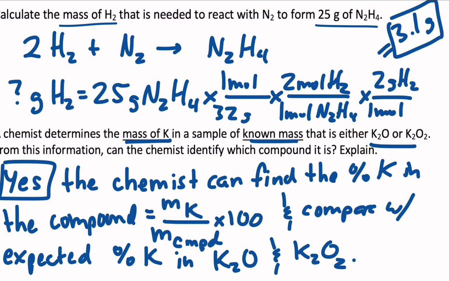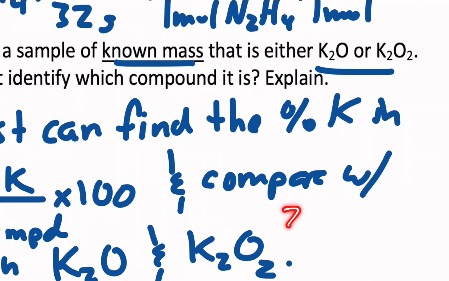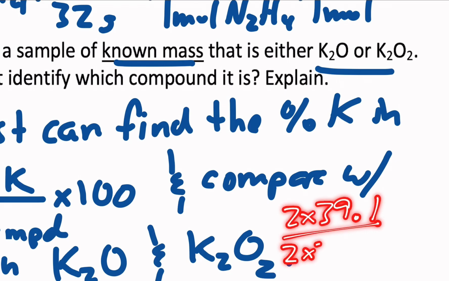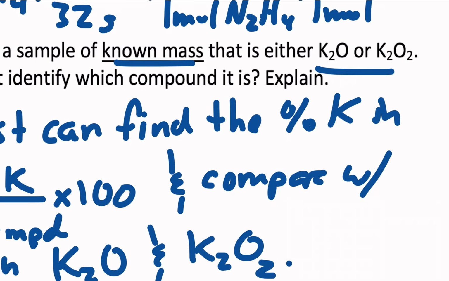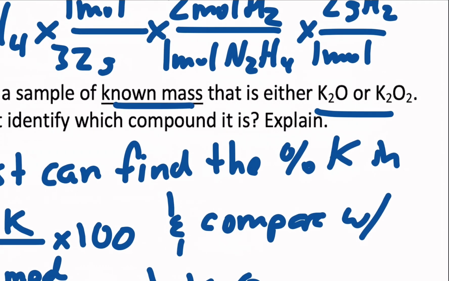The K2O would be 2 times potassium, 2 times 39.1 over that same number, 2 times 39.1 plus the oxygen of 16, and then multiply by 100. So 39.1 doubled, divided by that same number plus another 16, and then I get 83%.